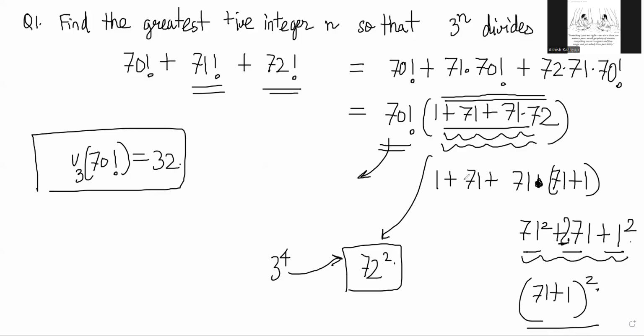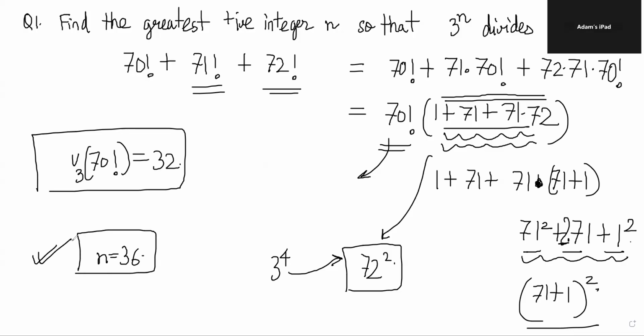Correct? Yeah. So the answer for n will be 36, not 32. Wait, but can't you use the formula that says VP of A plus B is the minimum of each one? We can think about it.